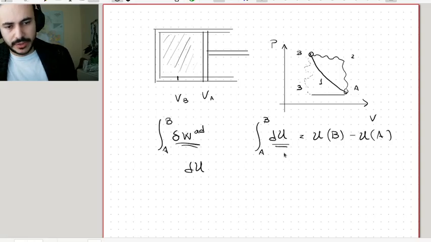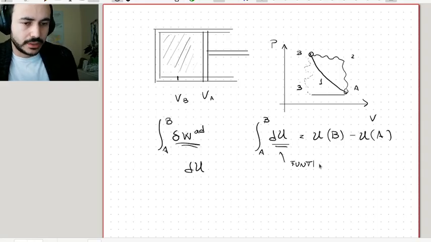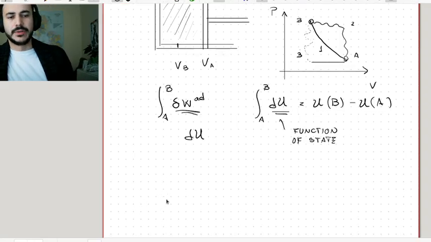So this means that this thing I've just defined is a function of state, or a state variable, or a thermodynamic property. So it's a new thermodynamic property of our system. Function of state. That's how we introduce the internal energy.